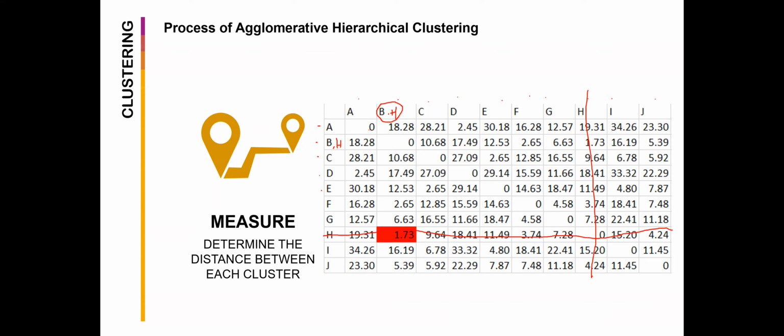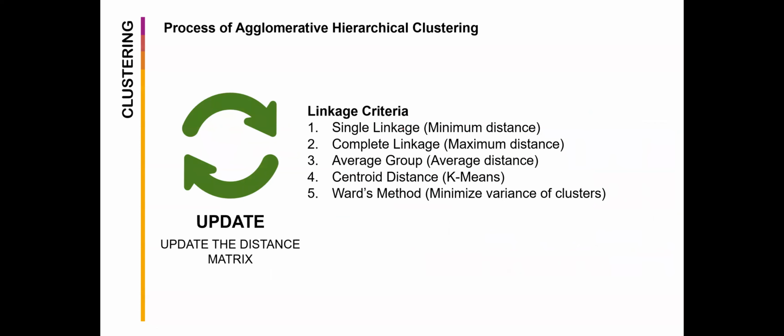Which ones are we considering when we are computing the distance between A to either B or H? That is answered by the linkage criteria. We have 5 different criteria here: single linkage, complete linkage, average group, centroid distance, or Ward's method.